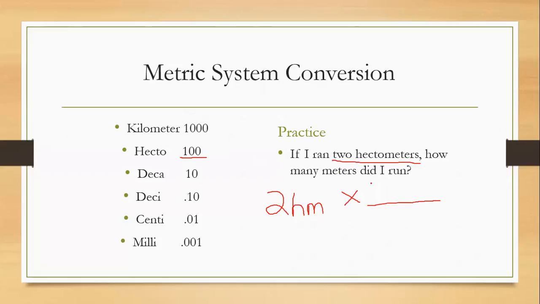So if we are looking for the number to grow, we are going to put the bigger number on top. So we are going to write 100 meters in 1 hectometer. And again, we'll multiply through. 2 times 100 is 200. And we can cancel out hectometers, and we will get meters.